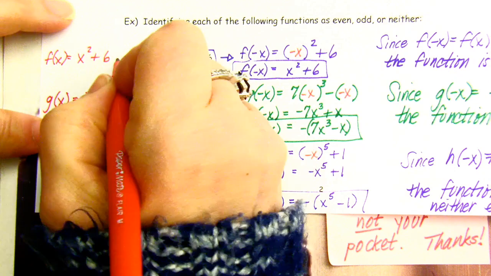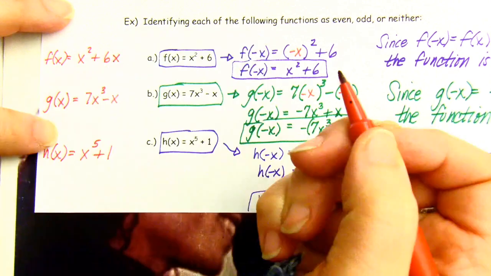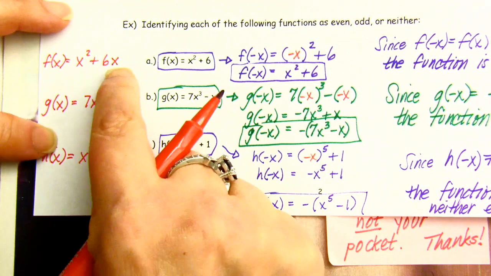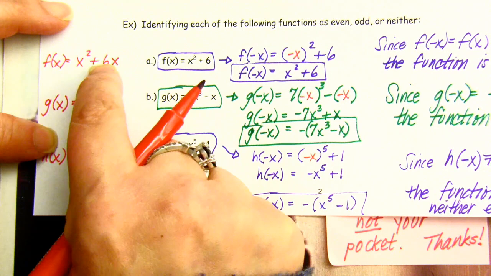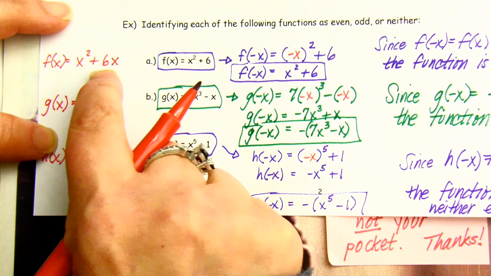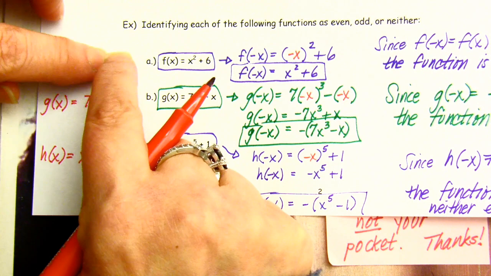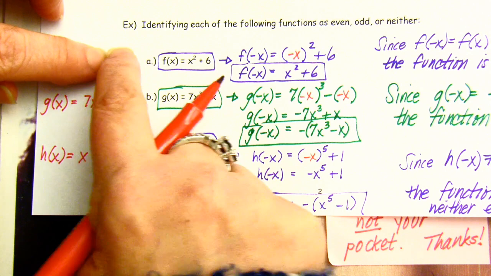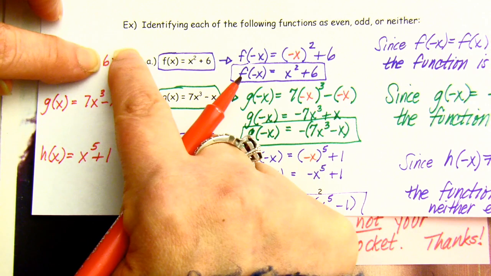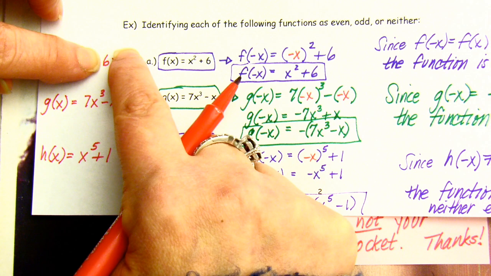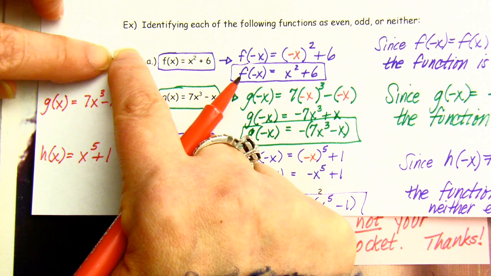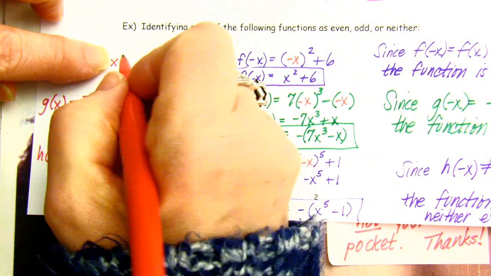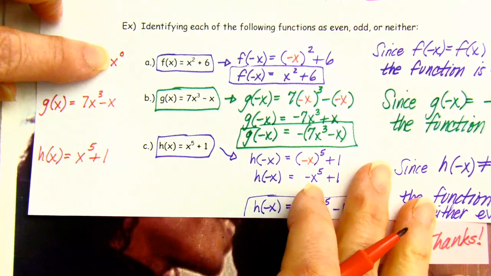If I insert an x here, that's my variable. But it can't be x to the power of 1 because x squared plus 6 is not the same as x squared plus 6x. So I need some exponent on x that's not going to change this number from being a 6 originally. Well, 6 times 1 is 6, and x to the power of 0 is 1.